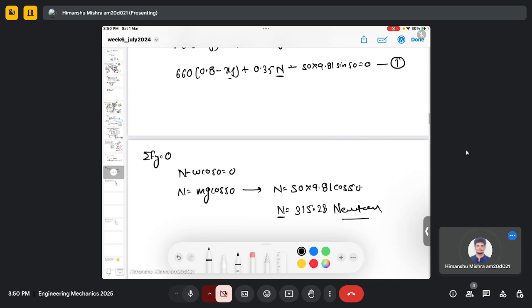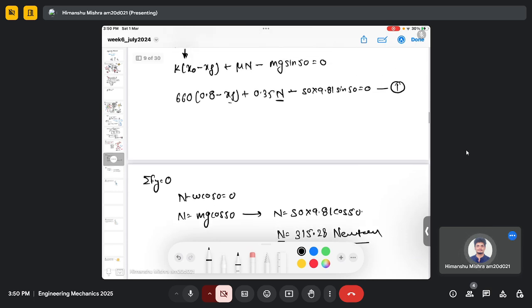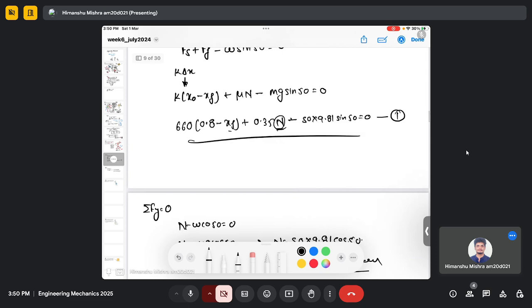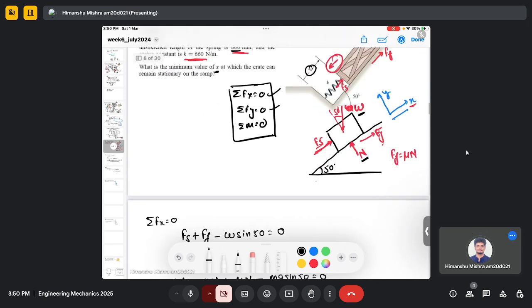Now we already found N, so we only have one unknown, which can be calculated from this equation alone. So we don't need to go with the moment equation.